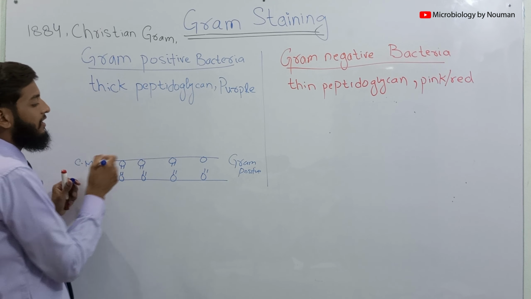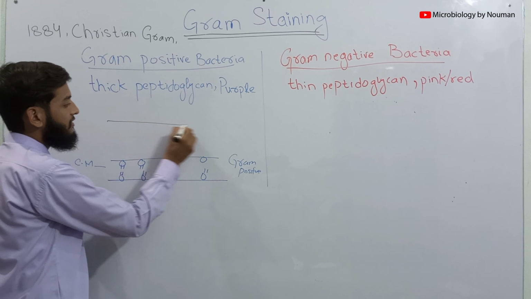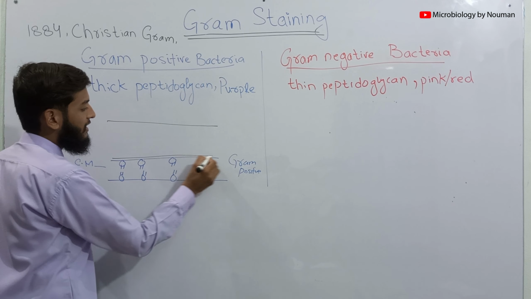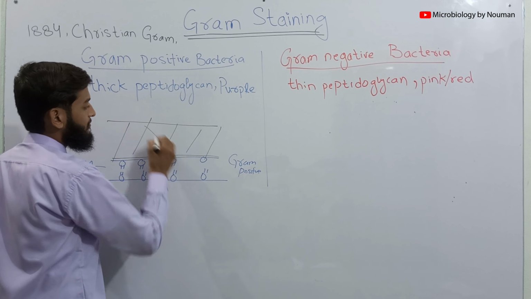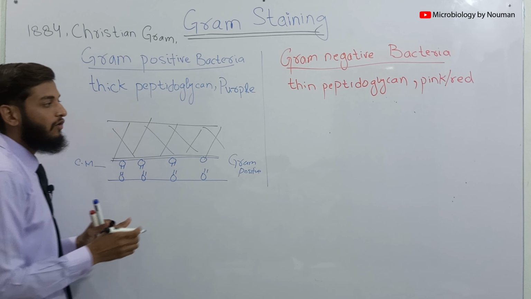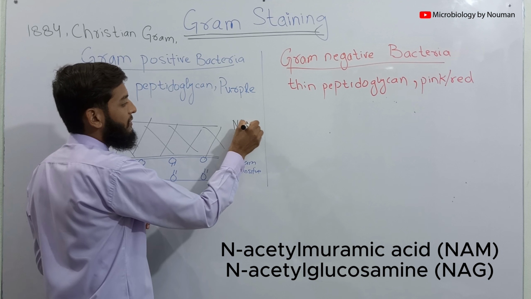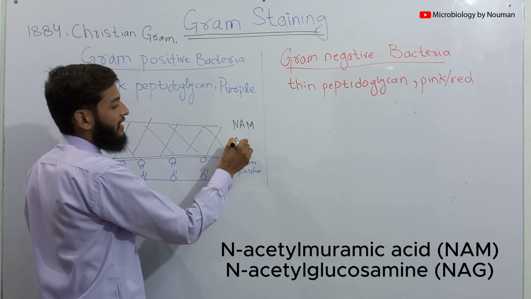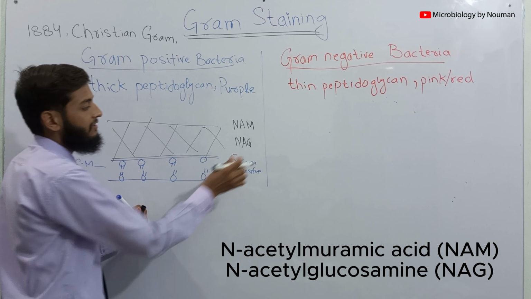Outside this cell membrane, a cell wall which is made up of peptidoglycan is present. There is a thick peptidoglycan layer present in case of gram positive bacteria. This peptidoglycan is basically made up of two subunits which are known as N-acetyl muramic acid and N-acetyl glucosamine, NAM and NAG, right?